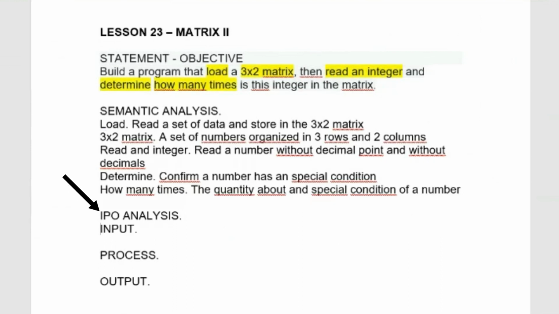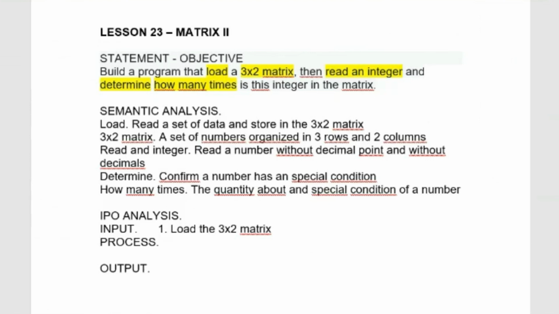So let's see the IPO analysis. Again, we're going to write the general instructions and then we're going to specify the instructions. So first, we have to load the 3 by 2 matrix. Okay, this is the first. This is the input. Second, we have to read an integer.